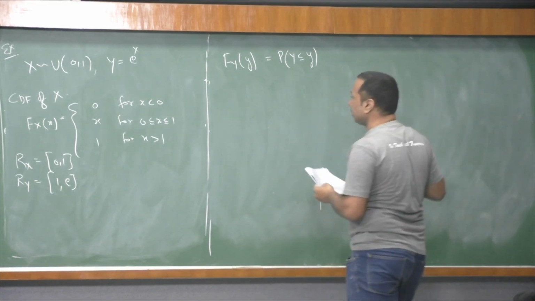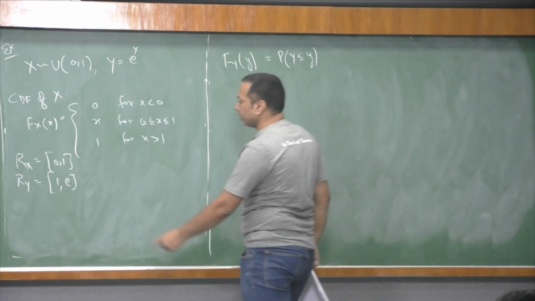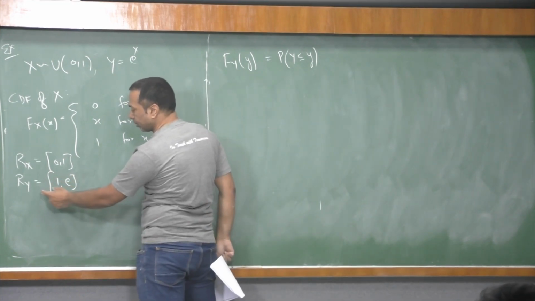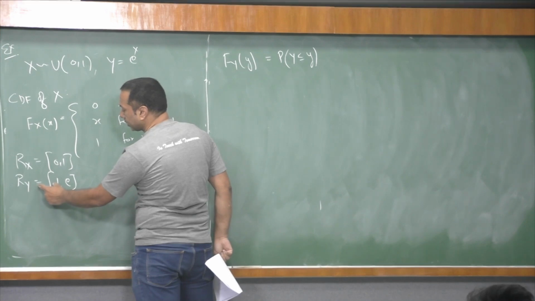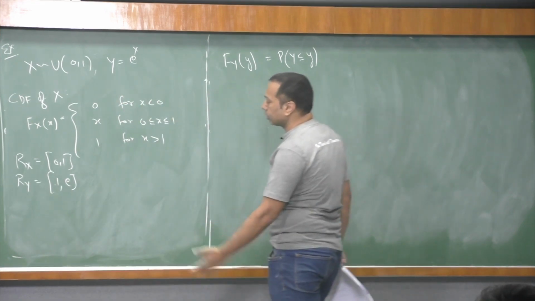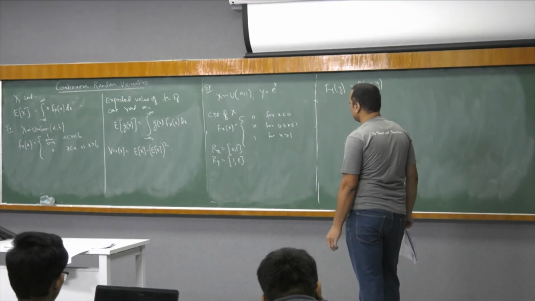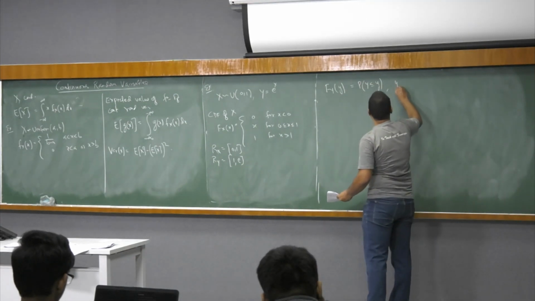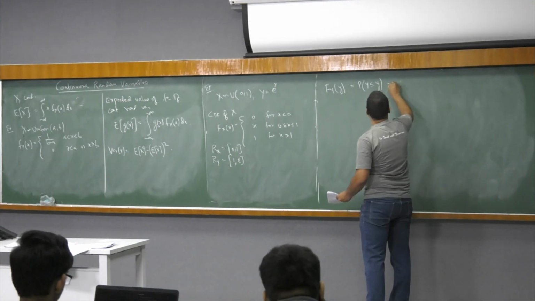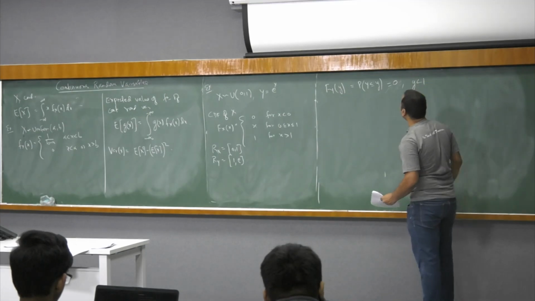What happens if y is less than 1? Since the range of y is 1 to e, that's why writing the range is important, for y less than 1 certainly it's 0. There is nothing until y less than 1. That's found by range itself. So this is 0 when y is less than 1.